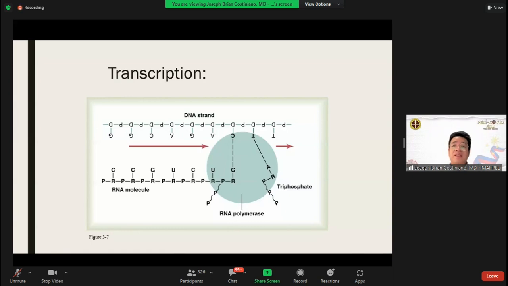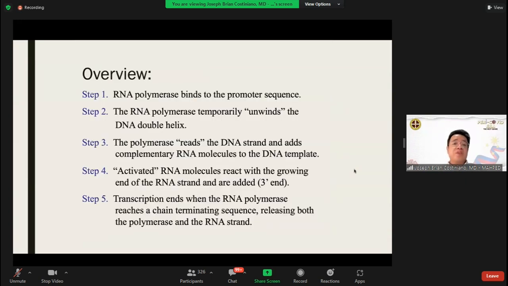Okay, dito na tayo sa madugong transcription, elongation, ano pa yan, Okazaki fragments. Okay. So ano ba yung transcription? Overview. So rough overview, you have 5 steps, no? So your RNA polymerase will bind to your promoter sequence and your polymerase will then unwind. You need to unwind the DNA double helix, no?